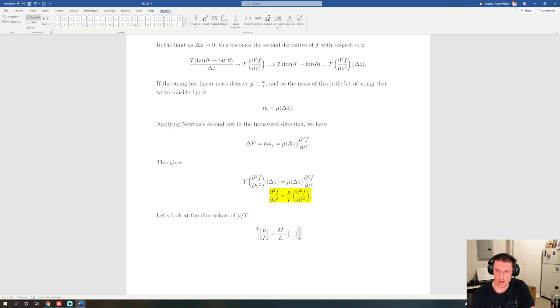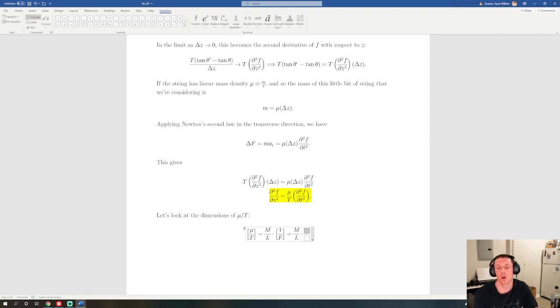Now, I'm going to be very careful about this. Actually, I want to write this as an F, because tension is a force, right? And so if we're thinking about the dimensions, and that's all we care about, we can just write that we're multiplying this by the dimensions of 1 over a force, because tension is a force. Now, the dimensions of force are going to be mass times length over time squared.